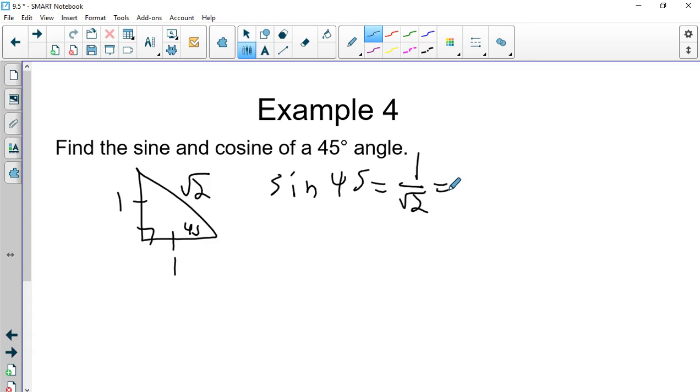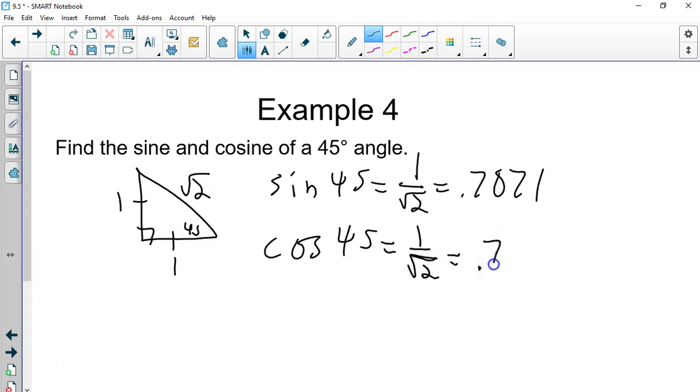So when we type that in the calculator, we get 0.7071. And the cosine is going to be the exact same thing. Why? Because the legs are the same. So the opposite leg is the same as the adjacent leg. So we're going to get 1 over root 2, and again you get 0.7071. Notice we use 4 decimal places when we're talking about this stuff.